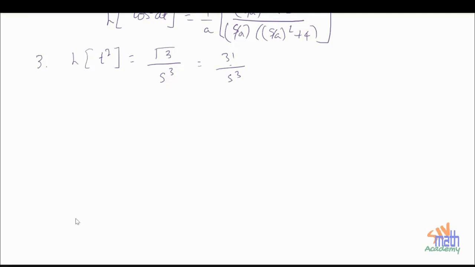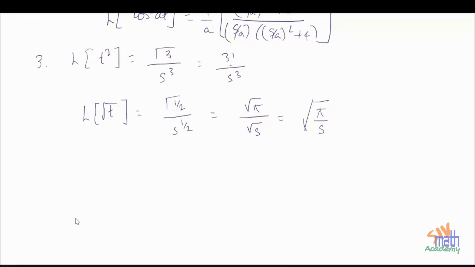But if you're asked L of t power root t, that means t power half. So gamma half upon s power half. Gamma half is root pi and this is root s. So totally it is root pi by s. So this is how you compute the Laplace transform.